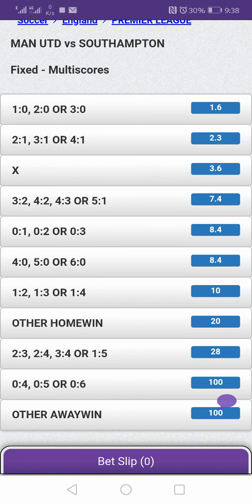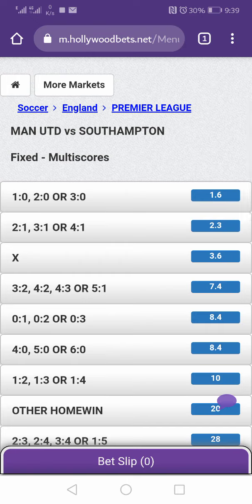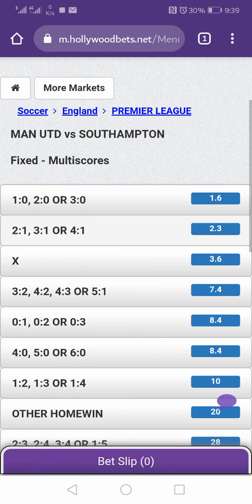Multi-score, simply the word multi means that there are a lot of scores. You are choosing a number of scores, like this. See the first one, there are a number of scores that you choose: the 1-0, the 2-0 or the 3-0.